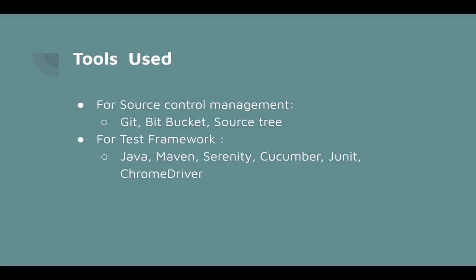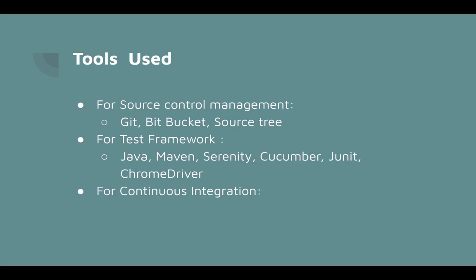So that we'll be using Cucumber here. For the assertions, we'll be using JUnit, and we'll be running our test cases on Chrome browser. So we'll be needing Chrome driver for that. And finally, for continuous integration, we'll be using Jenkins.